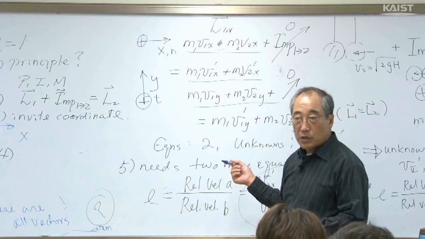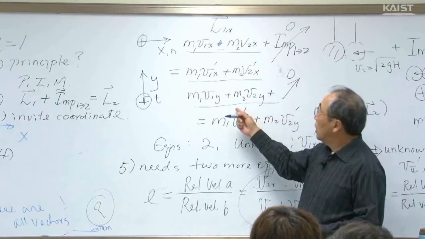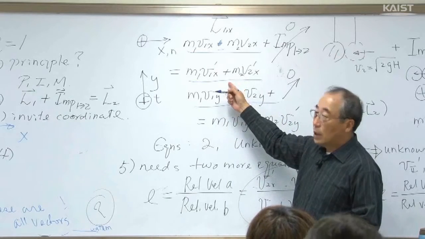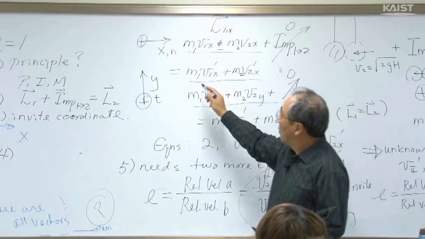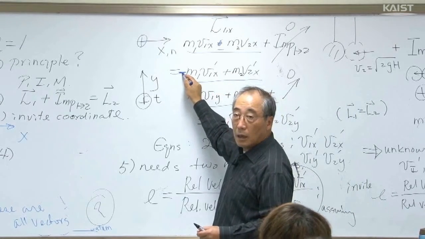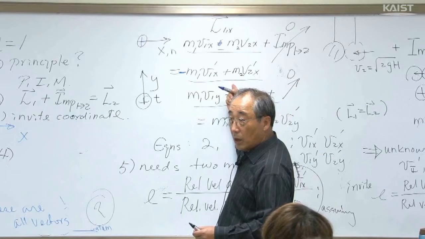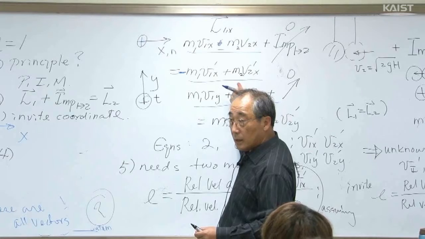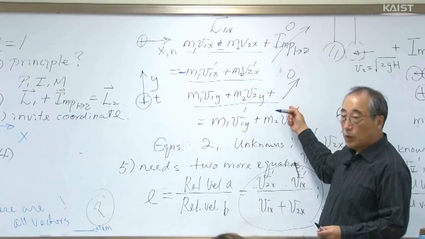And what other mistake? This one? What about this one? Minus? And what about this one? Plus? Okay, that's good. What about this one?